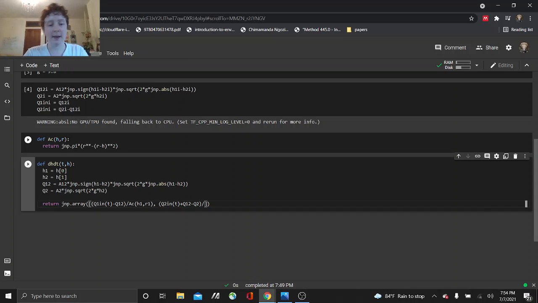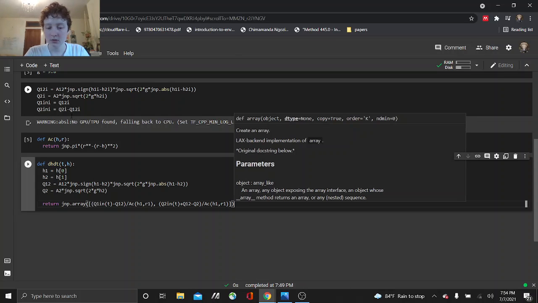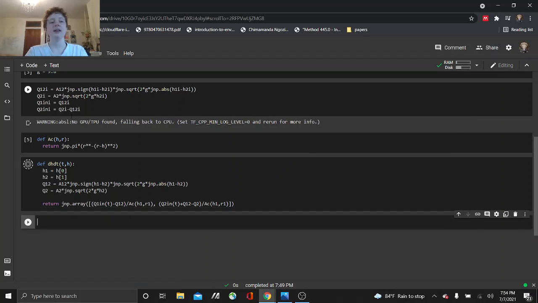And then we're going to divide that by the cross-sectional area that we derived. Okay. Now, let's see if that works. Yes, it does.